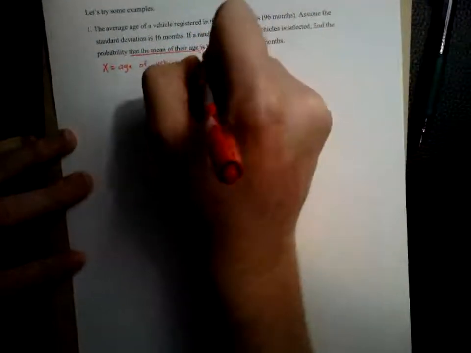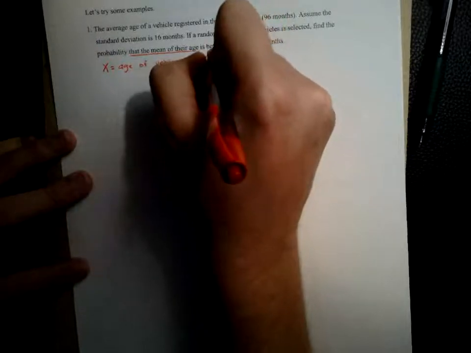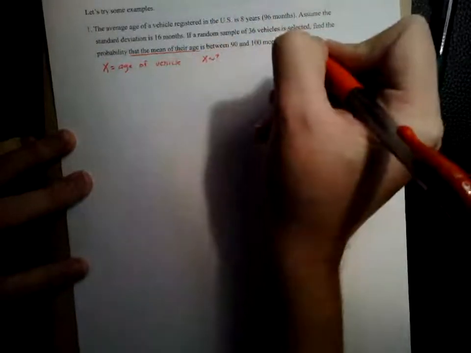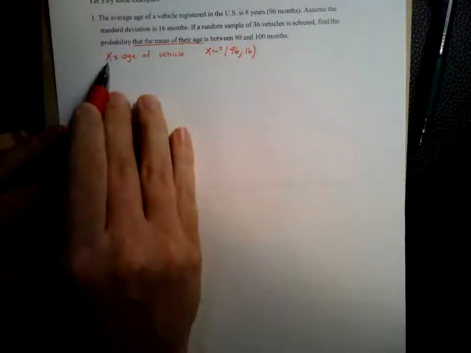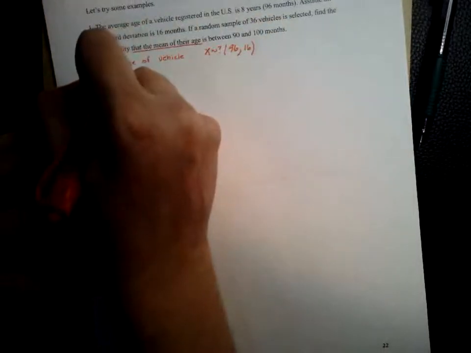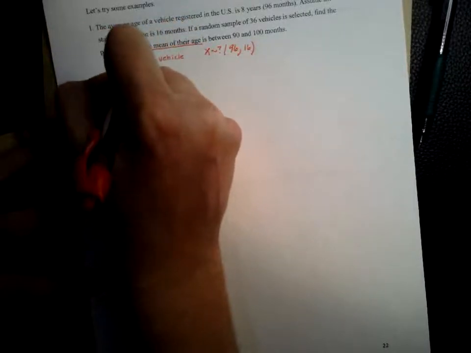It doesn't say in the problem, so we're just going to say X is distributed, we don't know the distribution, but it has a mean of 96 and a standard deviation of 16. And that's for just our random variable X. Now we're going to look at what X bar is. X bar in this case will be the mean age of the vehicles.